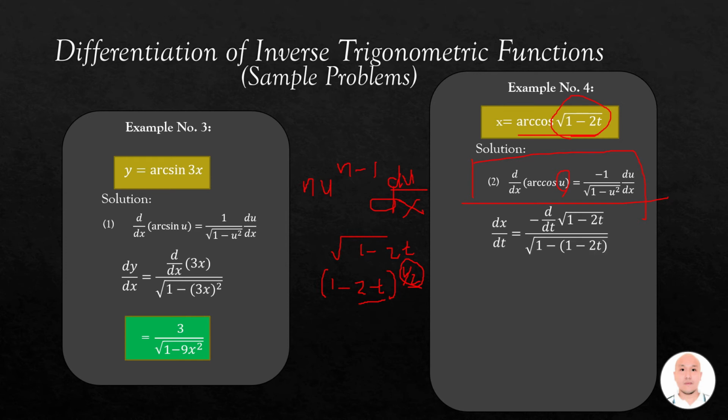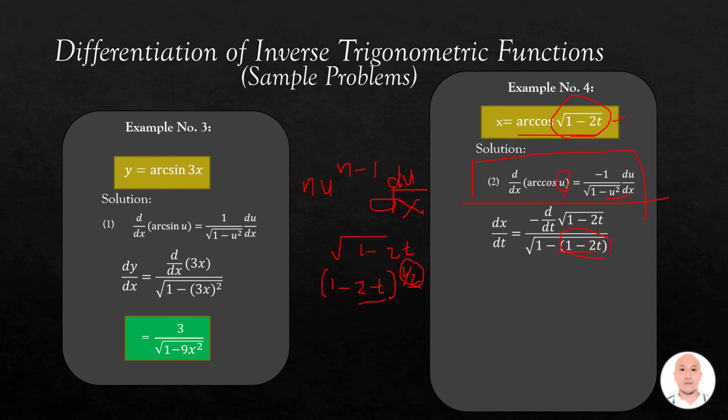So d over dt of the square root of 1 minus 2t. Our u here is this one. So the square root of 1 minus 2t squared is equivalent to 1 minus 2t.